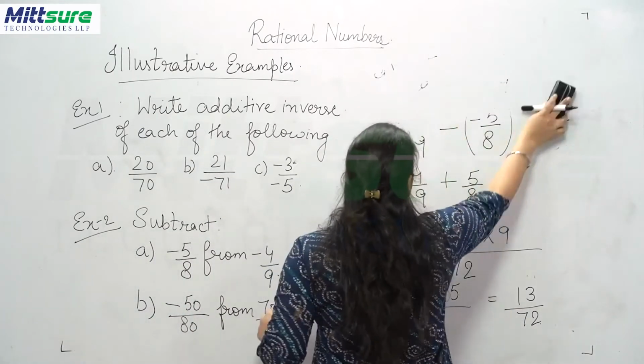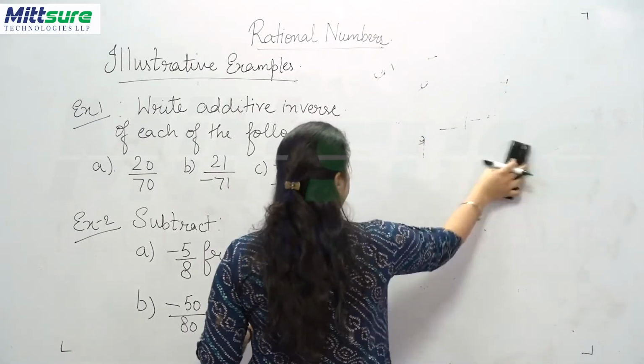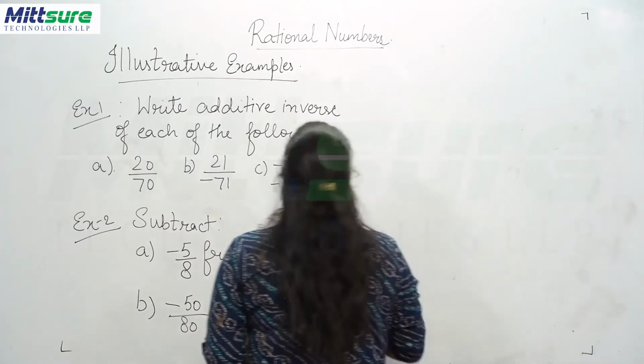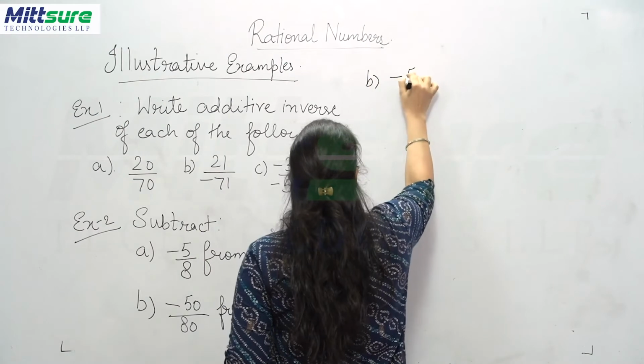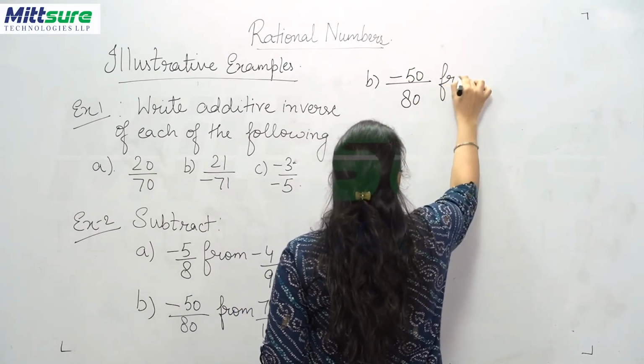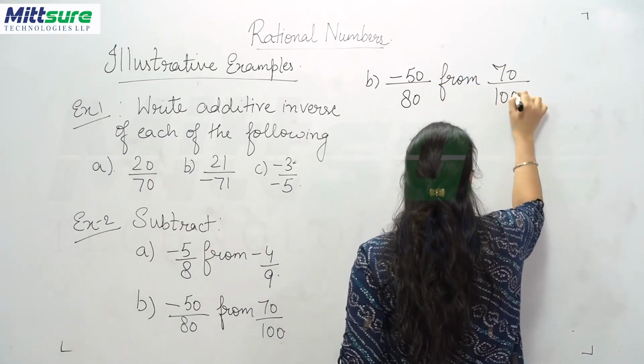Let's take the other example. The other example is minus 50 upon 80 from 70 upon 100.